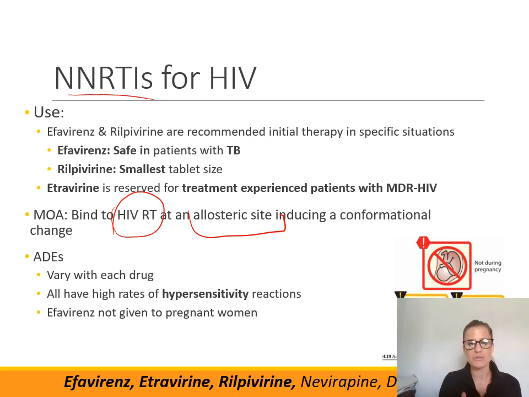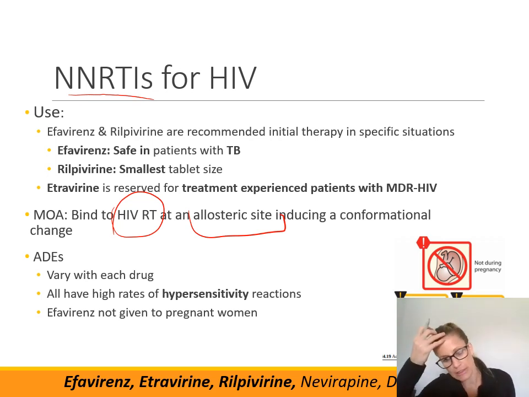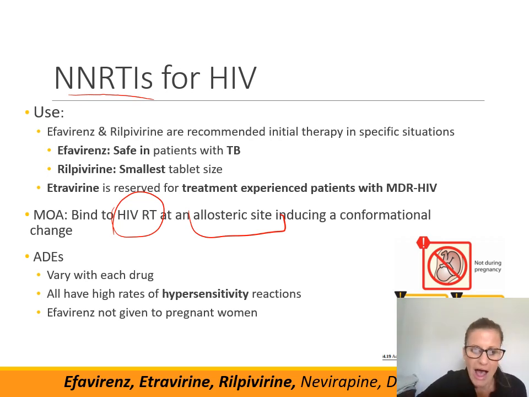So the difference between the NNRTIs and the NRTIs is where they're binding in order to inhibit the reverse transcriptase. You see the NNRTIs down here at the bottom. I have the first three bolded because those are clinically used more.